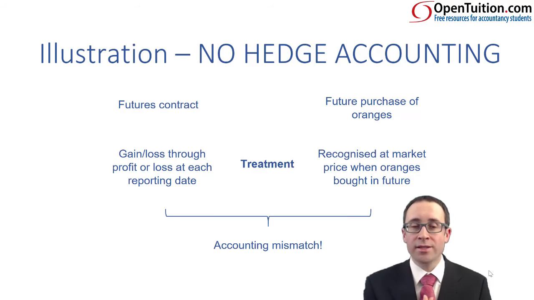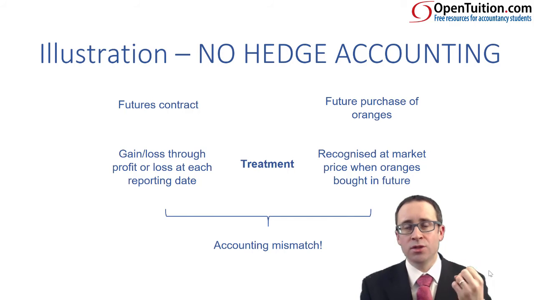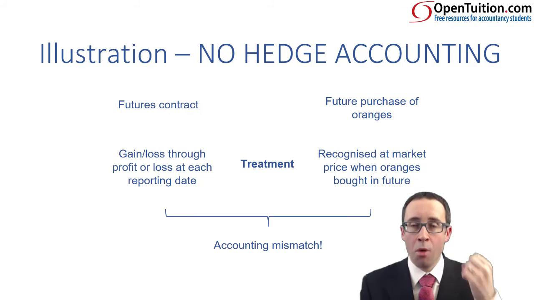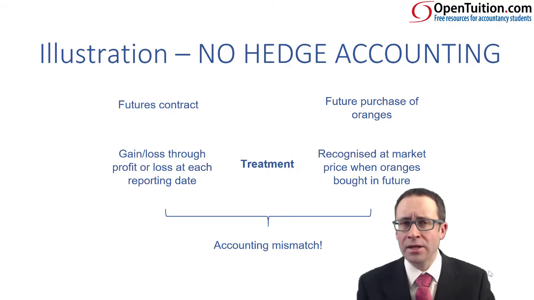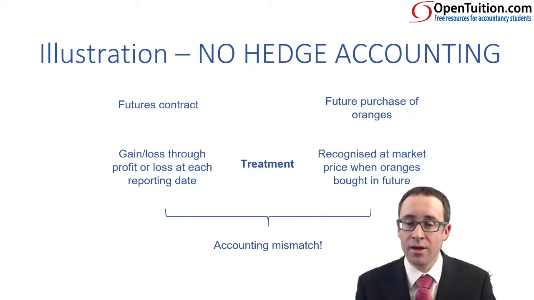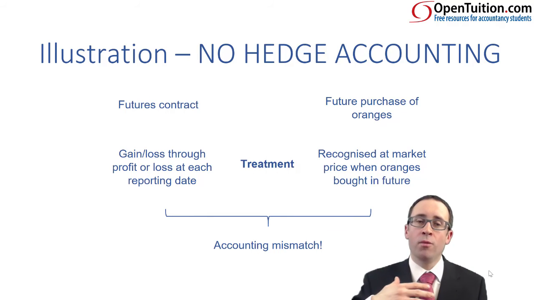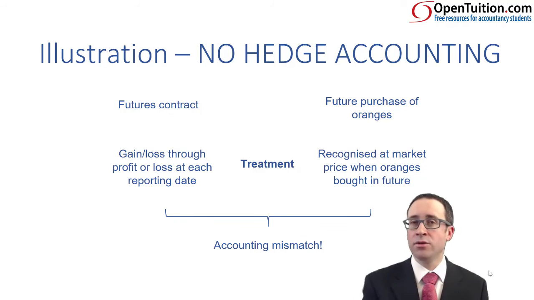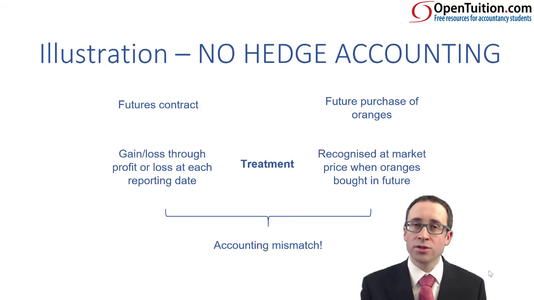We need to make sure that if we buy the oranges at some point in the future and pay more for them than the 0.2 million, then we've got a loss on the purchase of oranges, haven't we? We've paid more. So therefore, we will want to ensure that we get a gain on the futures contract. So that gain then offsets the loss.